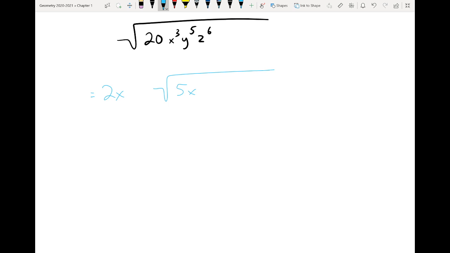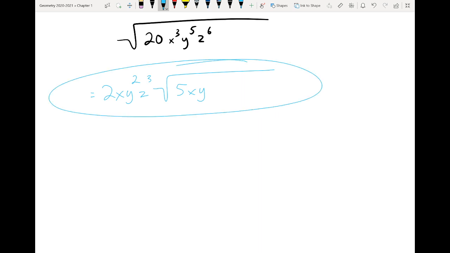So 5 divided by 2 is 2, remainder 1, so the remainder of y is stuck inside. And then z to the 6, so 6 divided by 2 is 3. So that guy comes out, and there's no remainder, right? So nothing is remaining stuck inside the radicand. That's your answer.